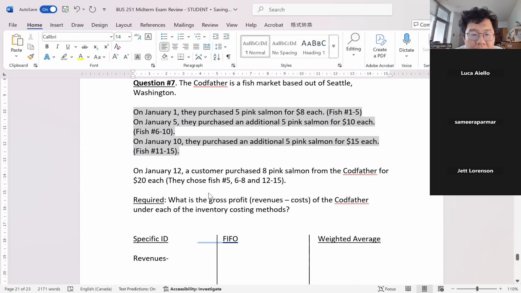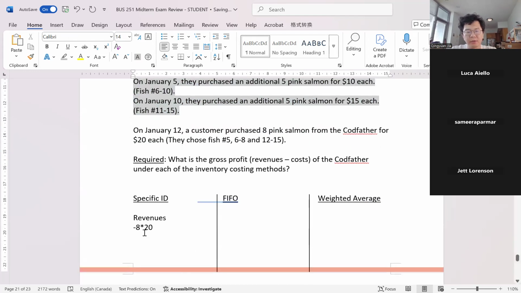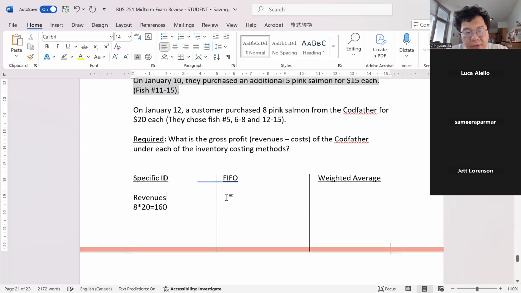So this company sold altogether eight fish, right? So the revenue will be eight fish times 20, so 8 times 20, and we get 160 as the revenue.